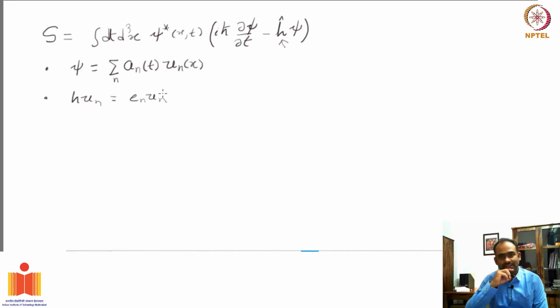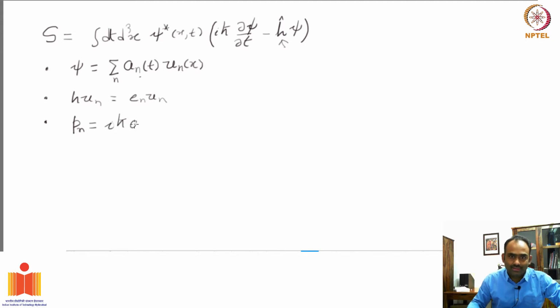Okay, so these u_n are eigenfunctions of this operator h. Okay, so we did this expansion and then we took the a's as the generalized coordinates. Okay, and found out that the corresponding conjugate momenta are i h bar a_n star. Okay, so that's what we found.